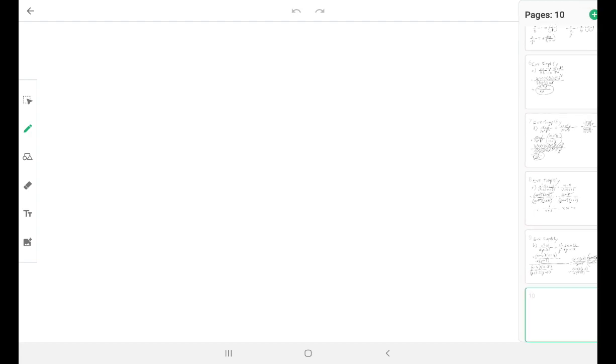One more example with 2 more parts. Okay, example 6. Again, we're going to simplify. And again, it's got 2 parts.